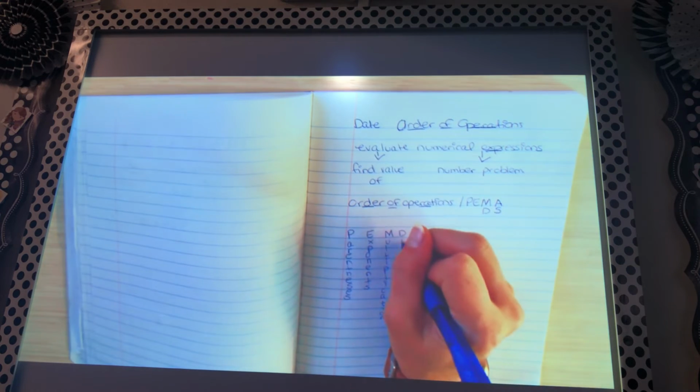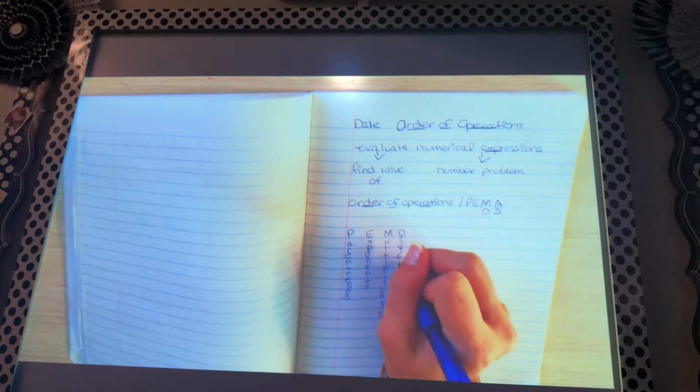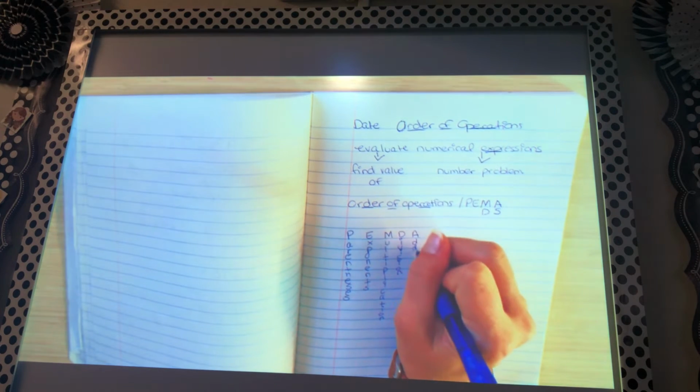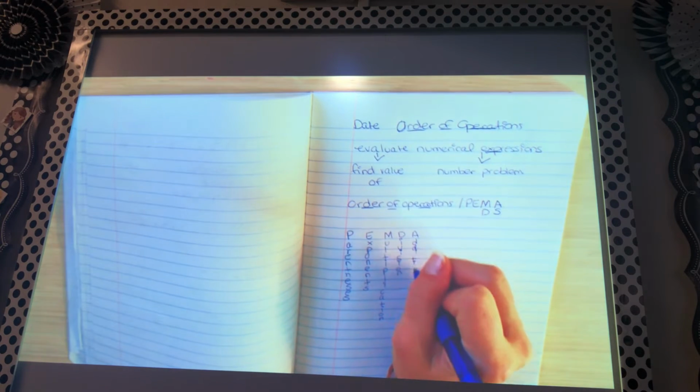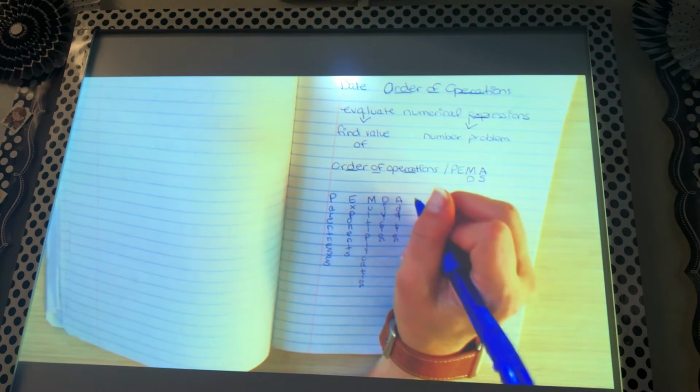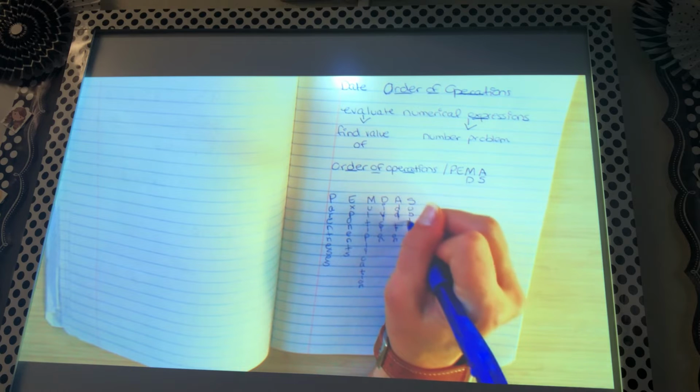The D stands for division. The A stands for addition. And the S stands for subtraction.